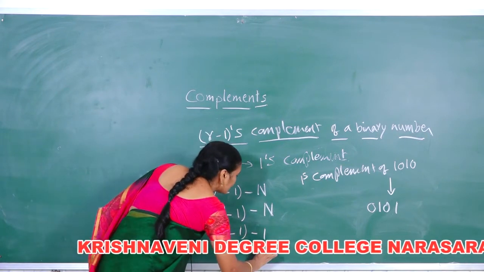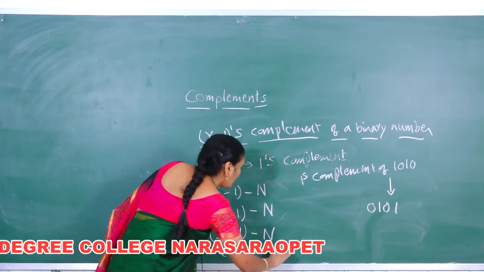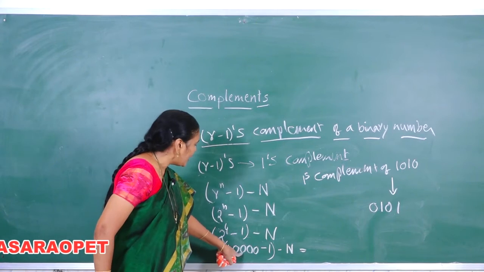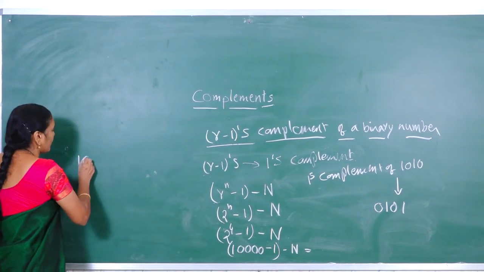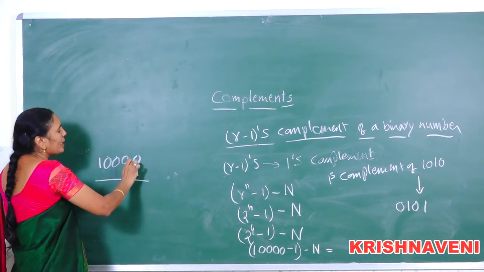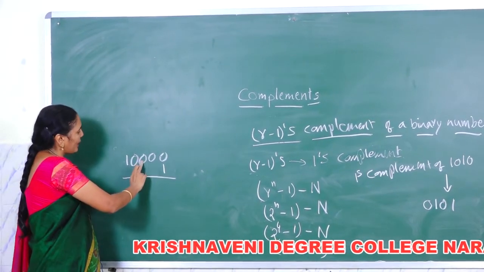10000 minus 1 minus n. Here if I subtract 1 from 10000, I have to borrow. Here also there is no number, here also there is no number.